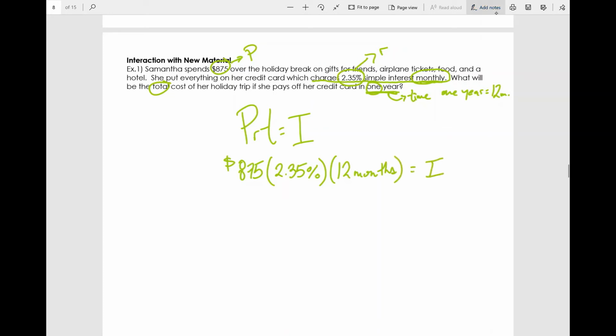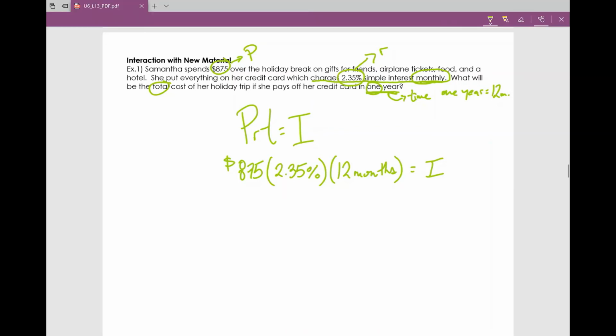And now you're going to see why I still have my units written in here. We have 875, that doesn't change, but this has to change because we want to make it a decimal when we're multiplying. That's why I write my units. And then we have 12 months.